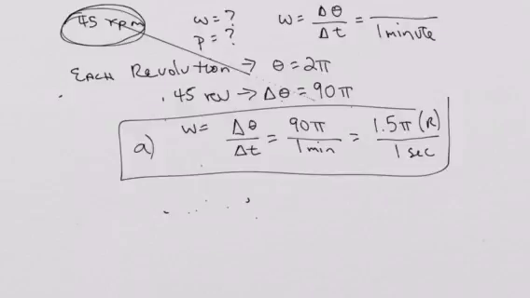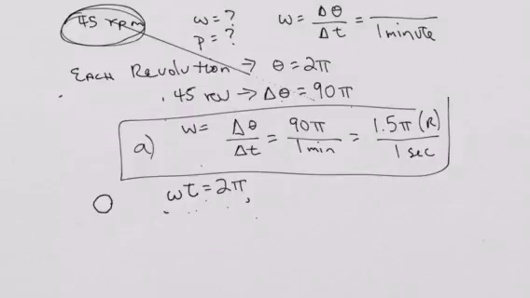We have the angular velocity, and we need to know how long it has to go at that angular velocity to go through a cycle, and a cycle is 2 pi. That's when it gets back to where it started.